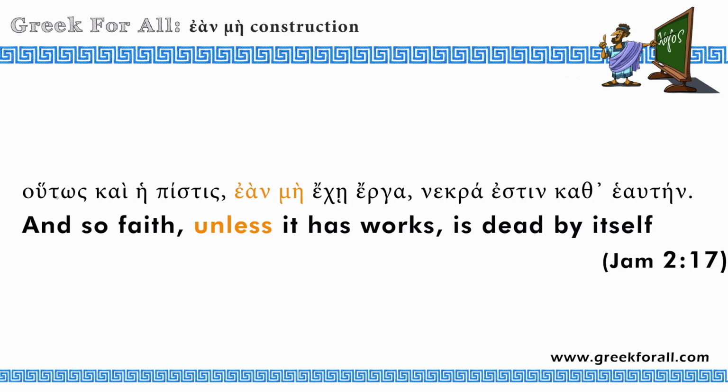So the word houtōs means thus, it means so, it means therefore. So this is what I have right here. Kai, and, so and, hē pistis, the faith, or simply faith. So this is what we receive here, and so faith, or and therefore faith. And here we have our clause ean mē, which we render as unless. And then we have a present subjunctive from echō, I have.